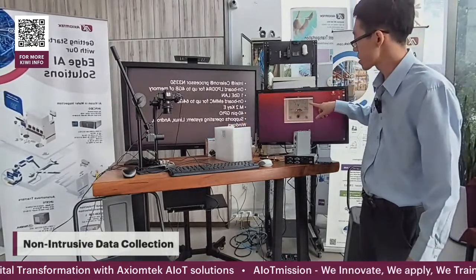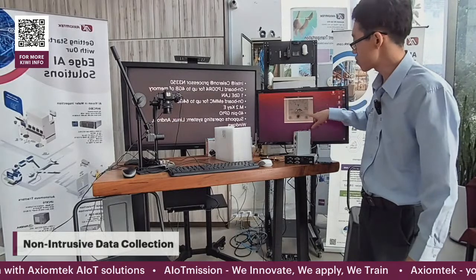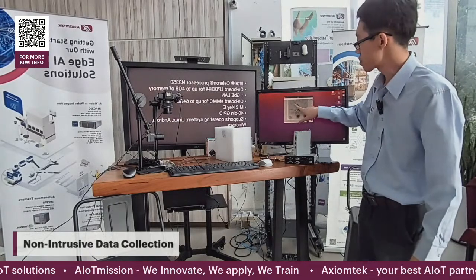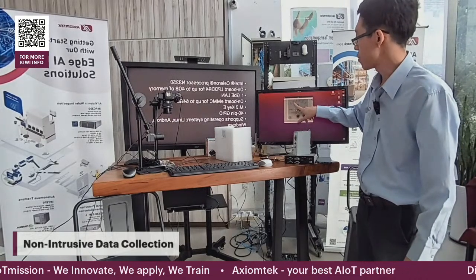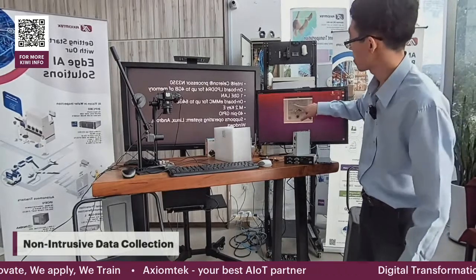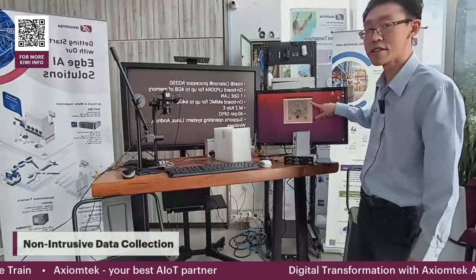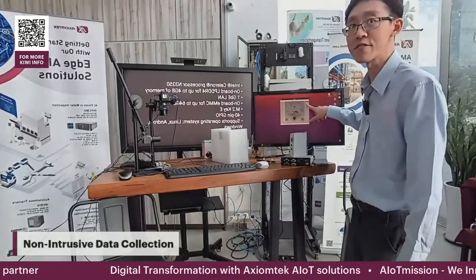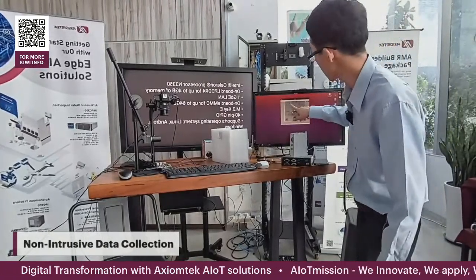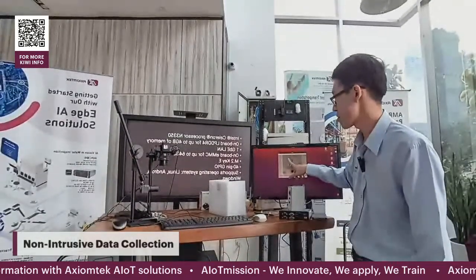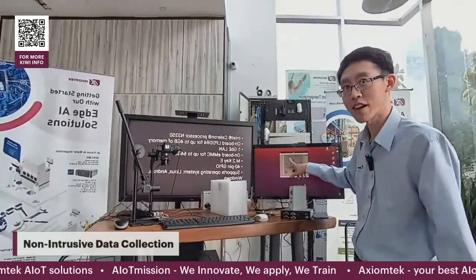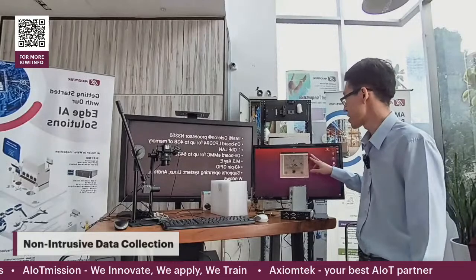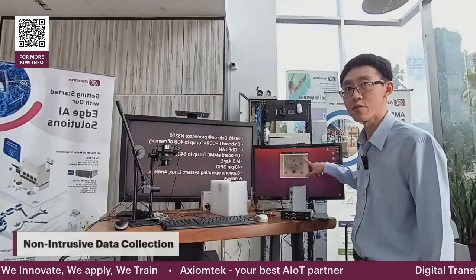Now it's showing the reading of this voltmeter. The needle is pointing at 37, and the AI is giving the result 36.7. So actually it's quite accurate already. Even if a human looks here, we're also not sure whether it's 37 or 36.9 or 36.8. So the AI tells you now it's 36.7.